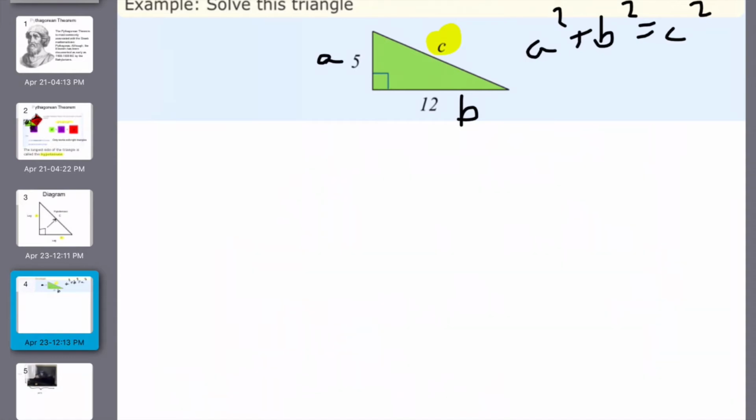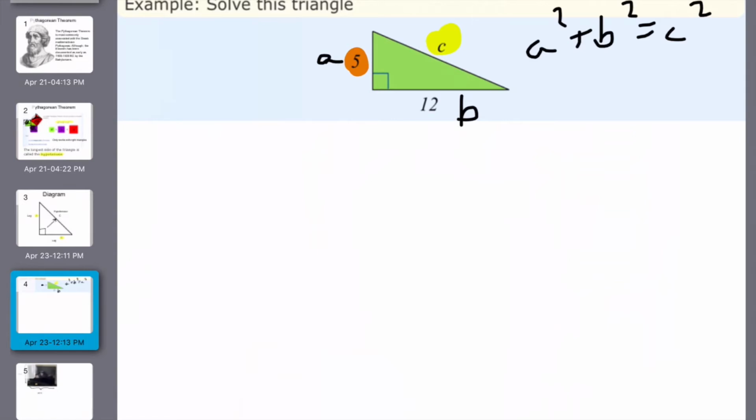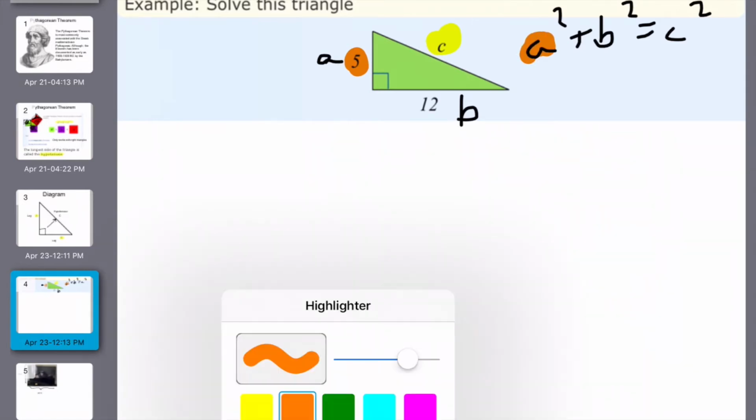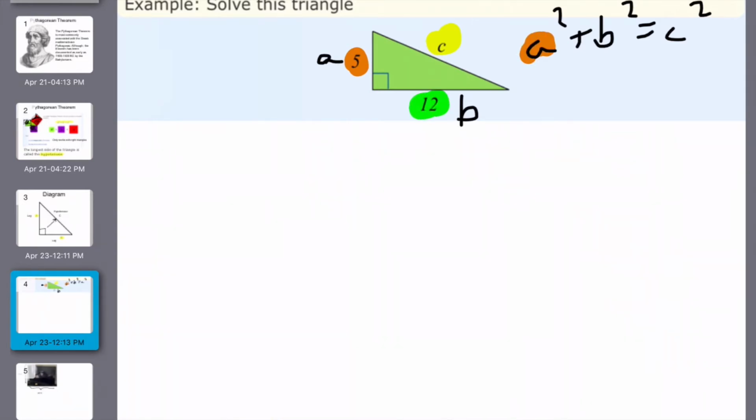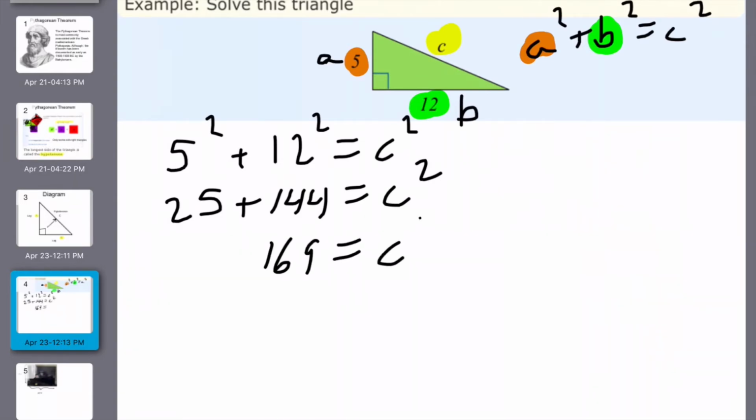So I need to put my a into the right spot, and my b into the right spot, and go from here. I'm going to have 5 squared plus 12 squared equals c squared. So 25 plus 144 equals c squared. So I have 169 equals c squared.